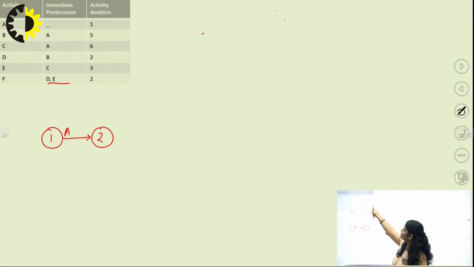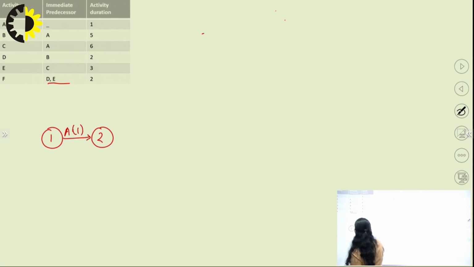The duration for activity A is 1. After that, for activities B and C, the immediate predecessor is A. It means it will be like this.